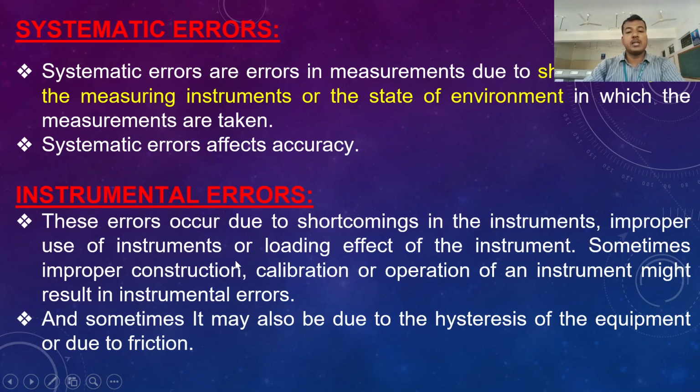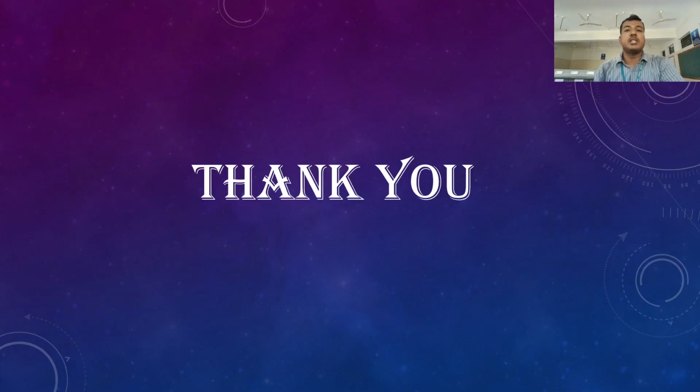Sometimes improper construction, calibration or operation of an instrument might result in instrumental error. Sometimes it might also be due to hysteresis of the equipment or due to friction. When considering outdoor measurements, these friction errors normally come into play. These are the basic three errors that can occur in a measurement unit.